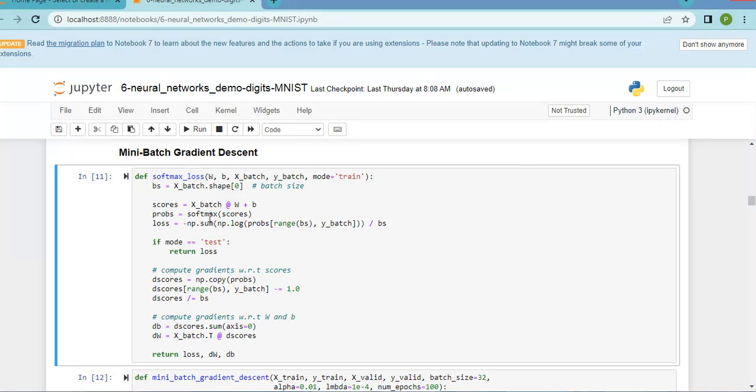For this, we consider these powers of e, because the output of the exponential function cannot be negative, and now these have become positive numbers.